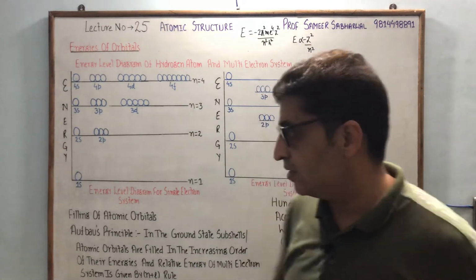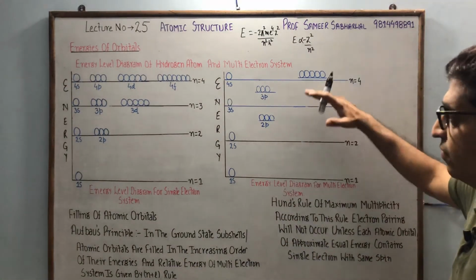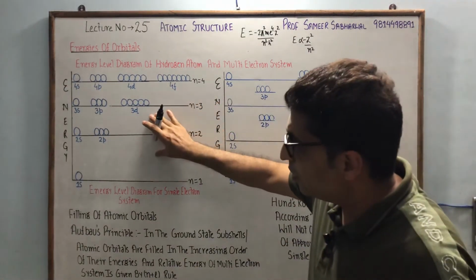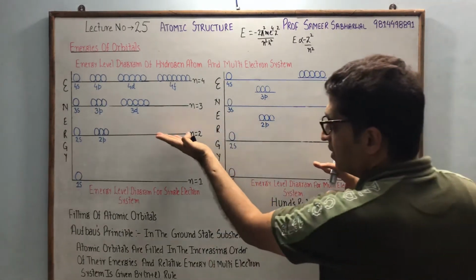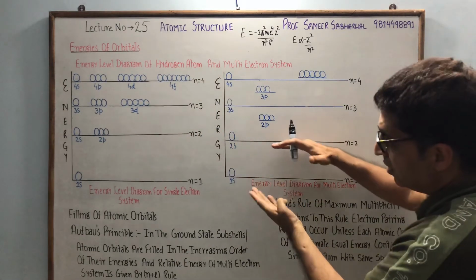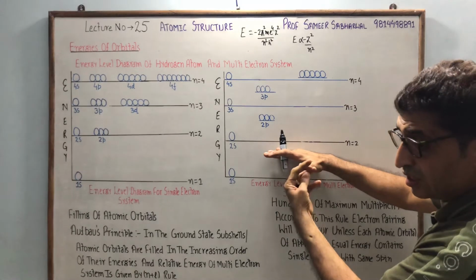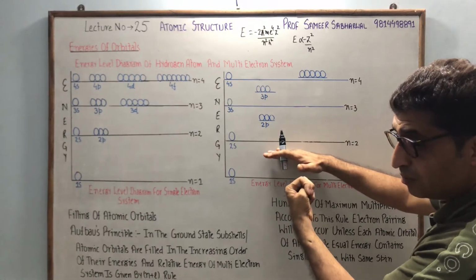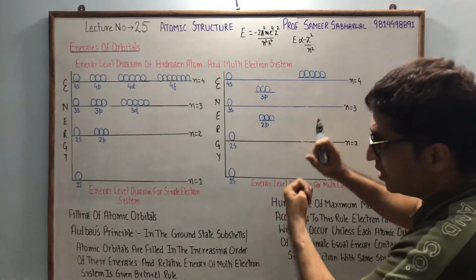Okay, and as the value of nuclear charge increases, interaction with the electrons increases, right? So I just want to show you that this is the first shell, second, third, fourth. As compared to the hydrogen atom, you can see 2s, I'm showing 2s here, and in the case of multi-electron 2s is lying below because the nucleus has more charge, so it attracts the shells towards itself.